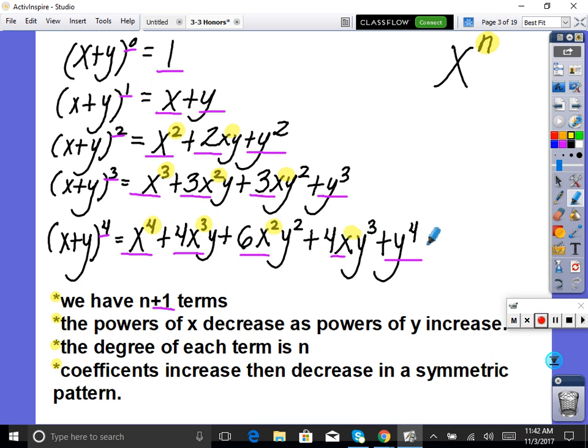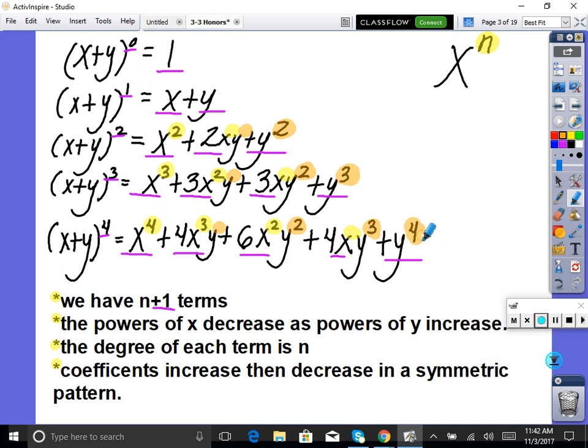So do you see how powers of x are decreasing every time? That's happening as our y values are increasing. So look, y to the 0, y to the first, y to the second, y to the third. Did you see how this is just backwards with our y? y to the 0, y to the first, y to the second, y to the third, y to the fourth.